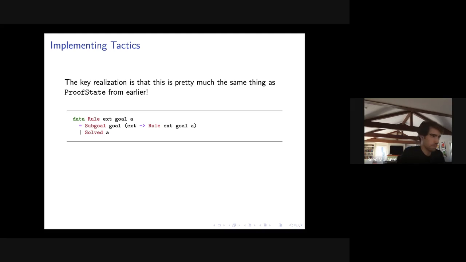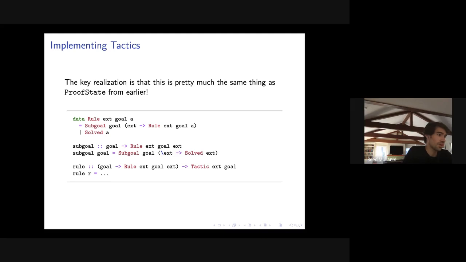So let's puzzle over this type. We're going to be monadic in A here. We can implement that subgoal function from before by just saying, okay, freely produce a subgoal, and then take the extract and say, yeah, we're solved. Bind will kind of work over this solved constructor here and chain things on horizontally.